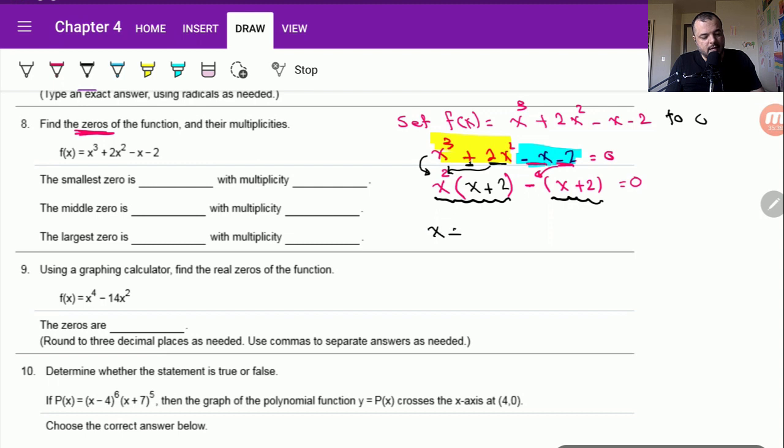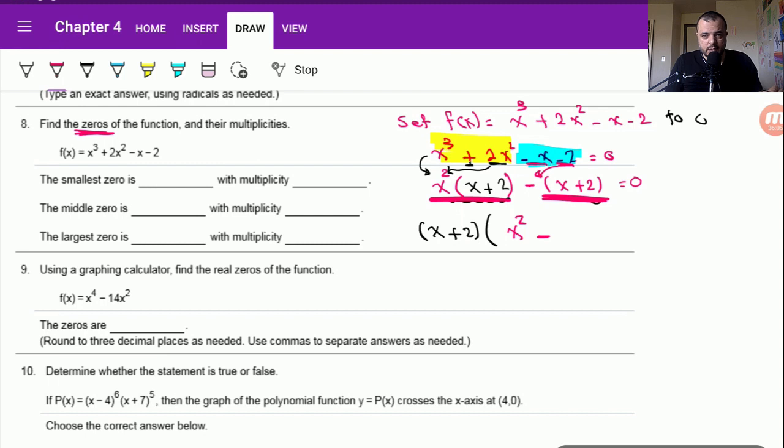When you take it out, what's going to happen? When you pull it out from here, what is going to be left? Just x squared. Minus, when you pull it from here, what are you going to have? Not nothing, it's 1, because you divide by the same factor, you get 1, right?